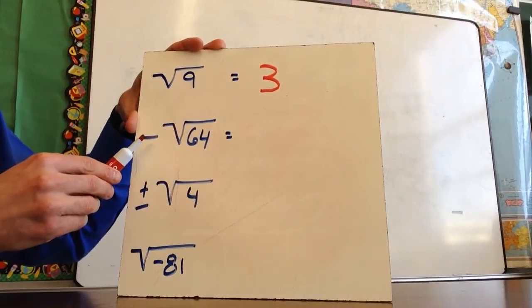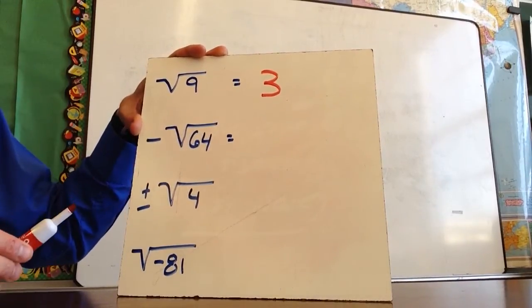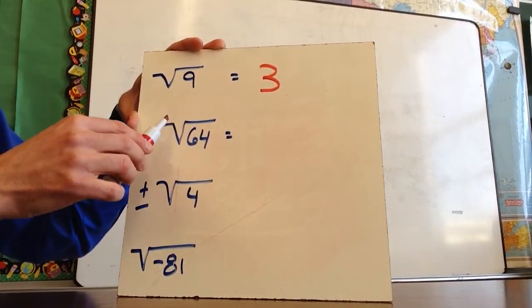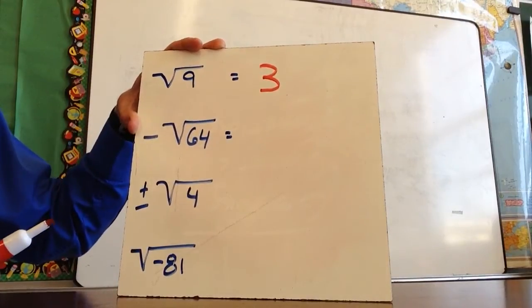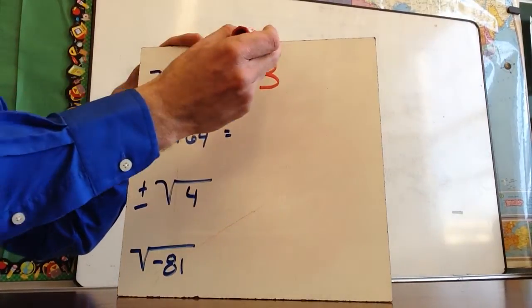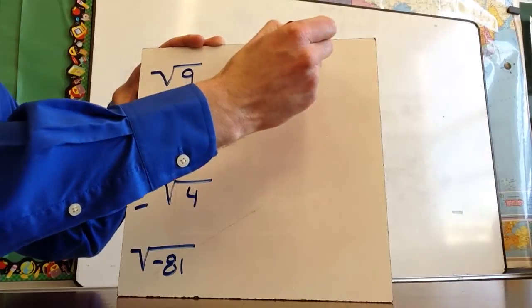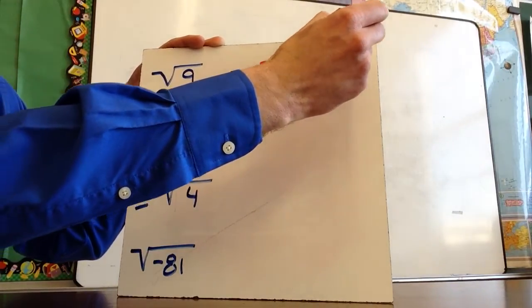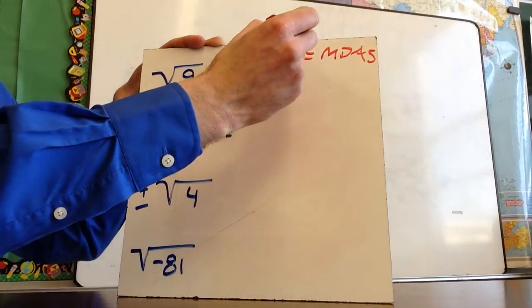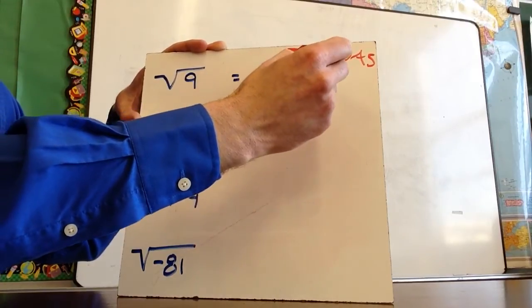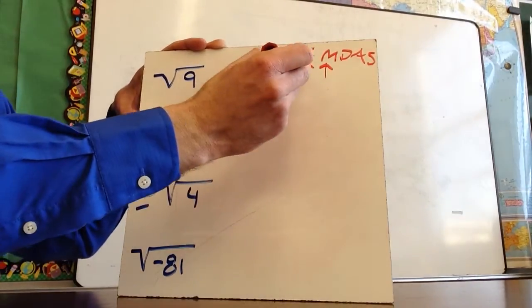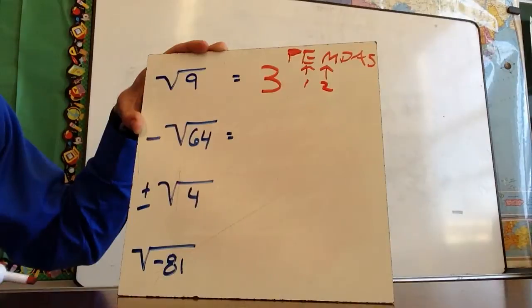Now this is the negative square root of 64. Remember, the square root works as an exponent. If you think about the order of operations, which is PEMDAS, the exponent is first and the multiplication would be second.